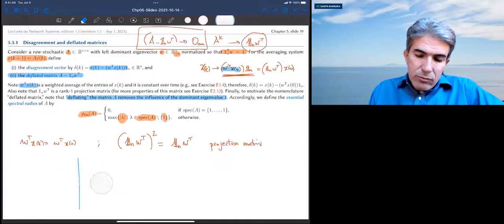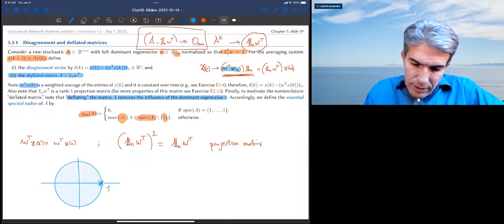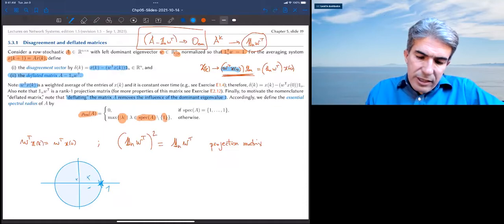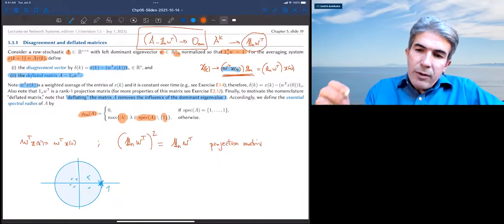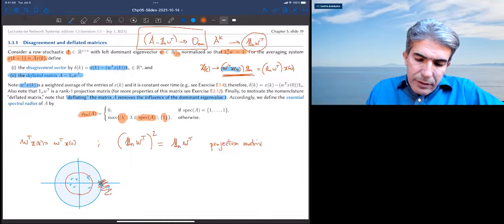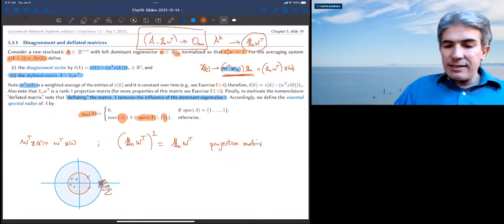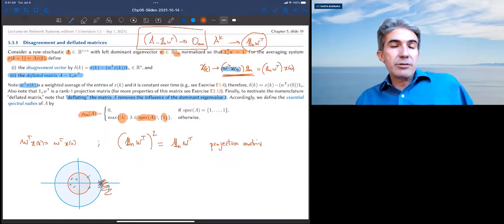I have an eigenvalue at 1, and I have other eigenvalues inside, right? And what I do is I remove the eigenvalue of 1 from consideration, and then I find the smallest disk that includes all of the other eigenvalues, and that is the essential spectral radius.